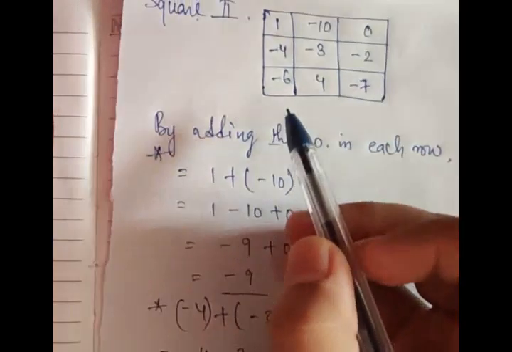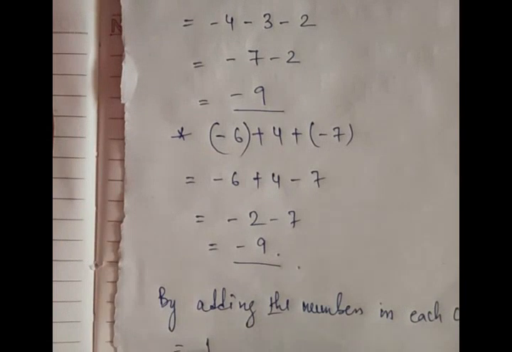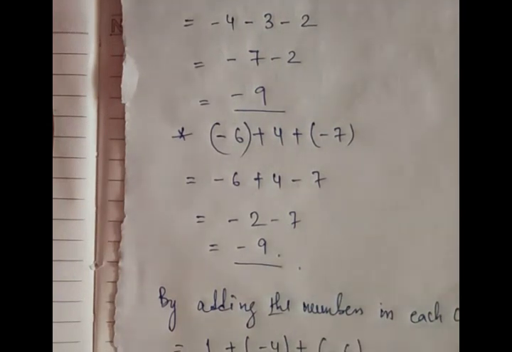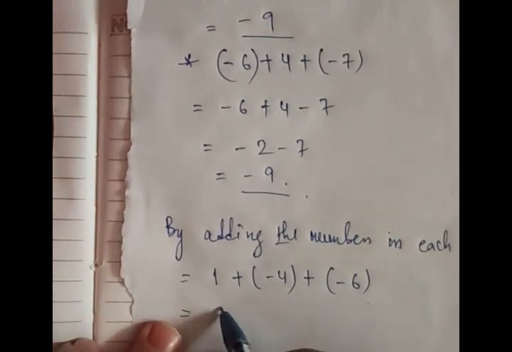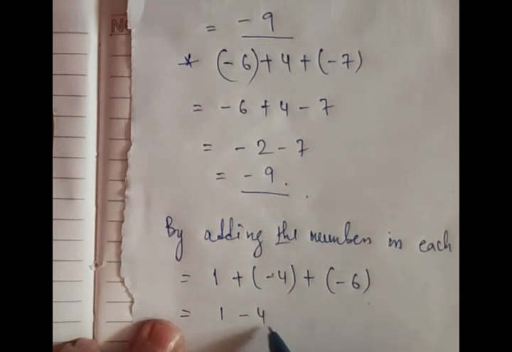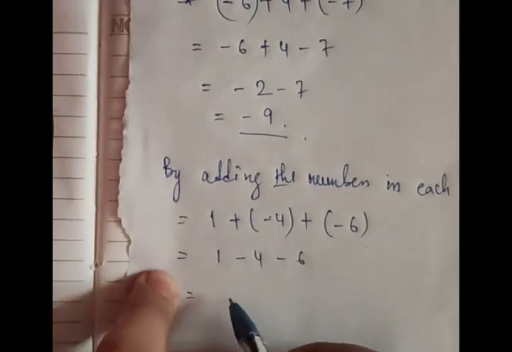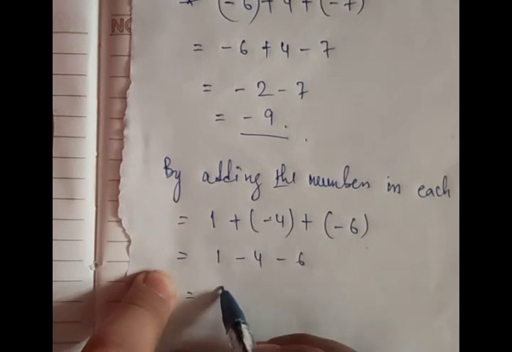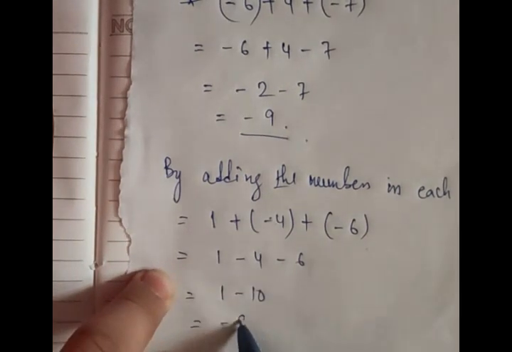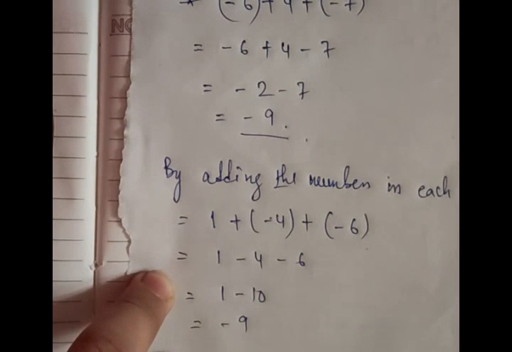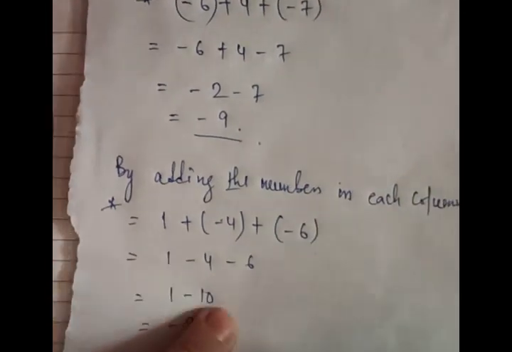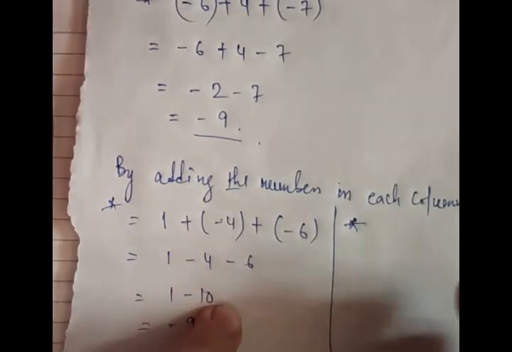First we have 1, minus 4, minus 6. So 1 plus minus is minus, 4 minus 6, is equal to, how much? 1 minus 10 is equal to minus 9, right? First column.